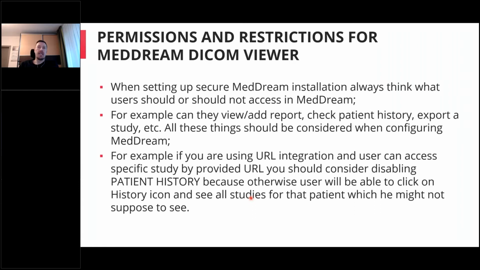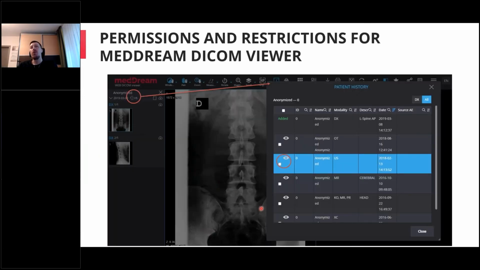For example, in a simple scenario, you would use the URL integration and pass a study UID. The user would be able to click it and open the specific study for that study UID. However, you might forget to disable the patient history setting. This means that when the user opens the specific study, he will have this small patient history icon here, and if he clicks it, he would see all the studies for this particular patient.